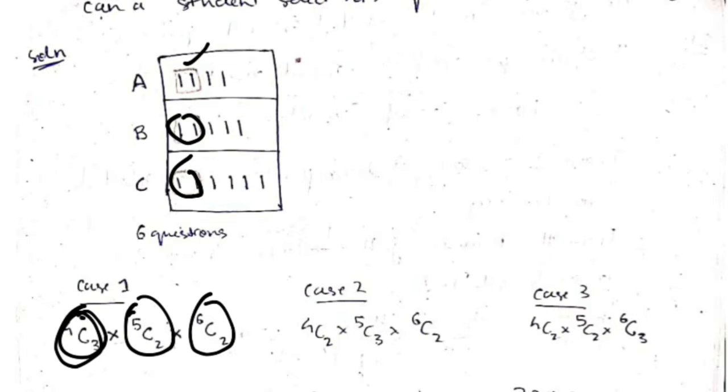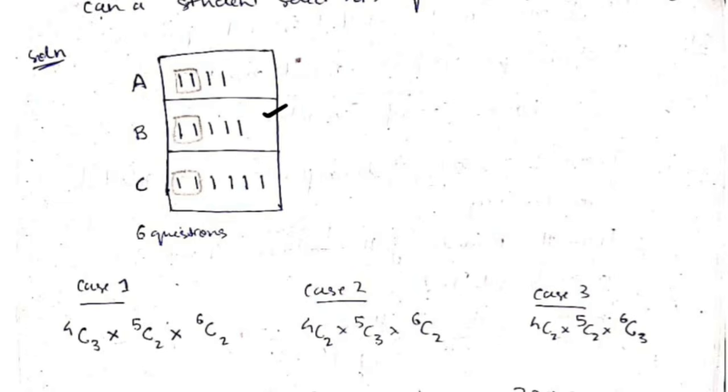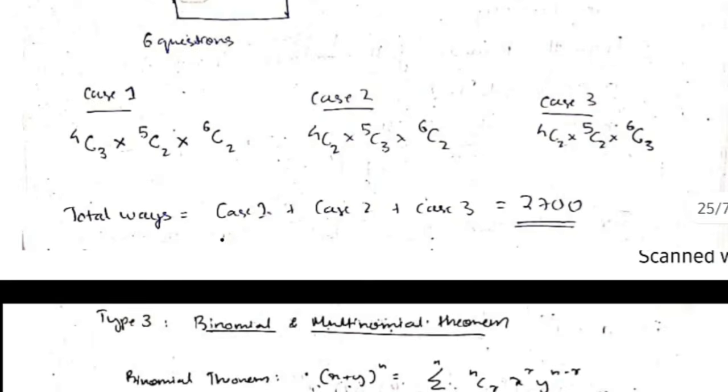Similarly, if you choose from B, 3 from B, in that case you will write 5c3, meaning total number of questions 5, you are choosing to attempt 3 from B, okay. The third case is 3 from C, meaning the total number of questions is 6, from which you are choosing to attempt 3, so in the last case you will have 6c3. You will calculate all of these and add them together to get the total number of ways, okay.